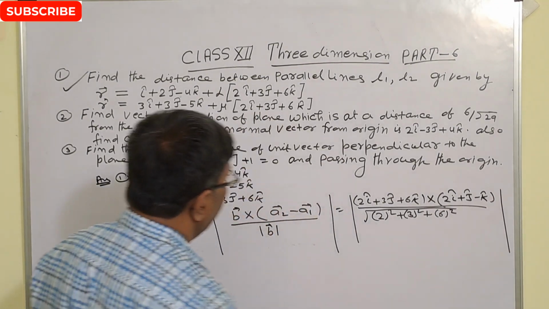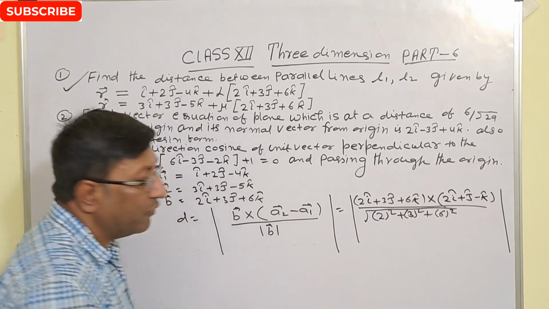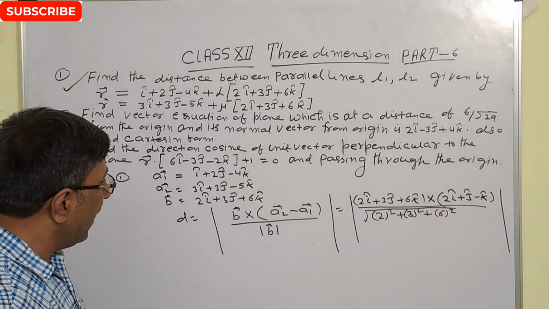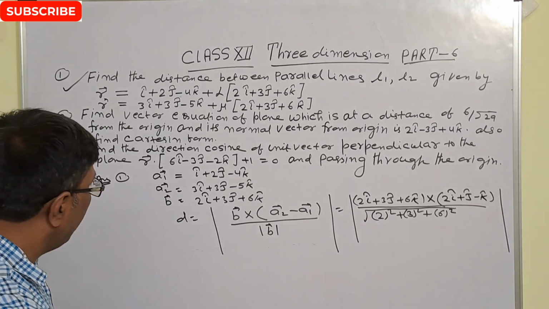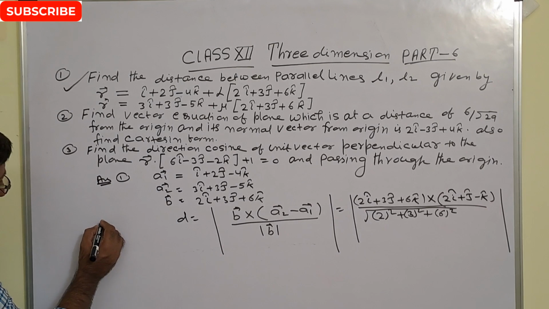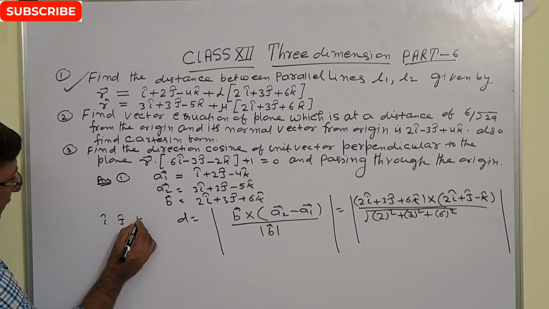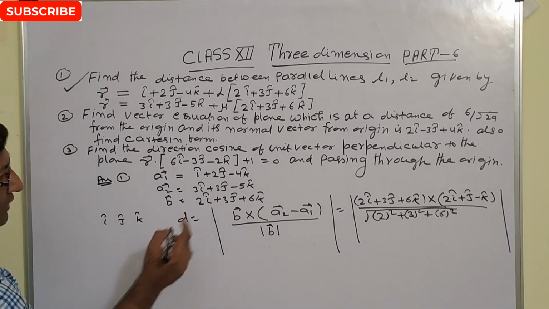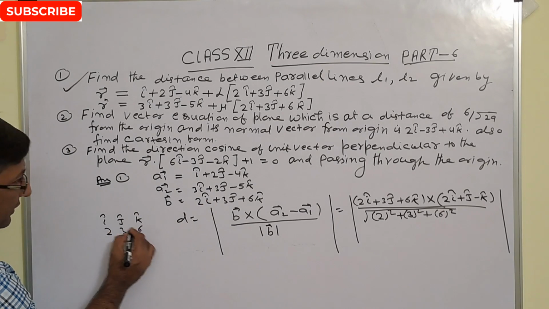Okay. Now, first you find the cross product of the two vectors. So you know how we can find the cross product of two vectors. So for the cross product of two vectors, see here. Just write here unit vector i, unit vector j, unit vector k. First row is 2, 3 and 6.